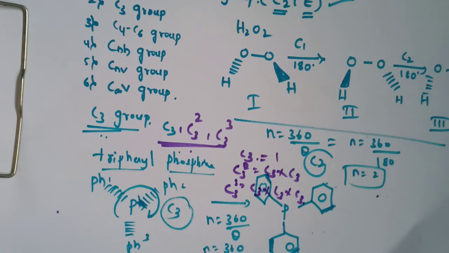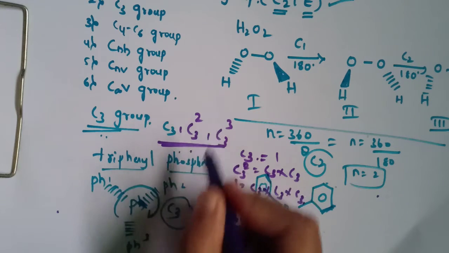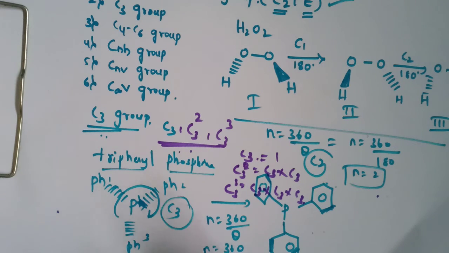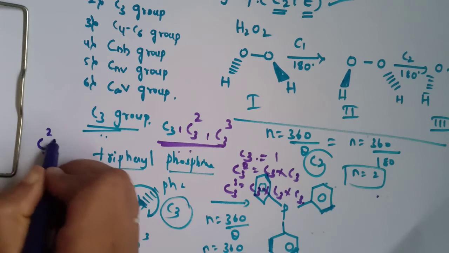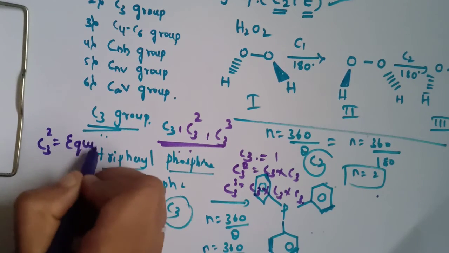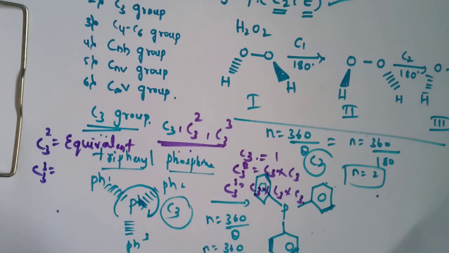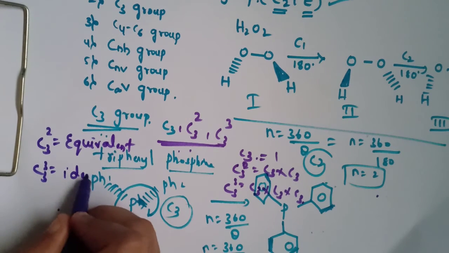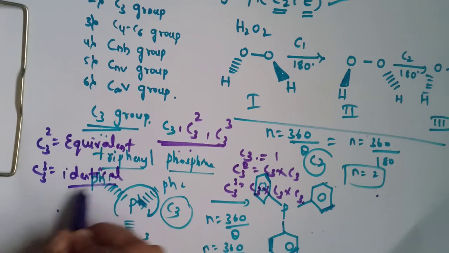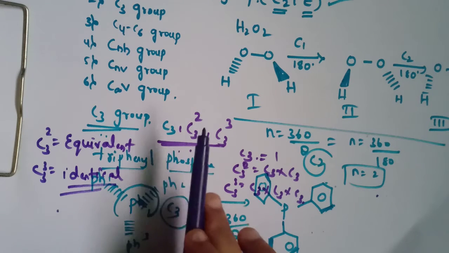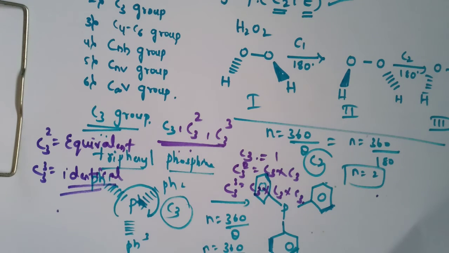Here remember the point that in this, C3 square will give an equivalent configuration, whereas C3 cube will give an identical configuration. For this C3 group, the symmetry elements C3, C3 square, C3 cube are present.